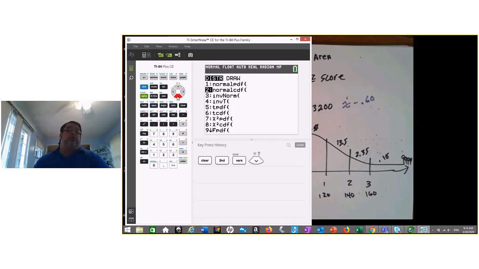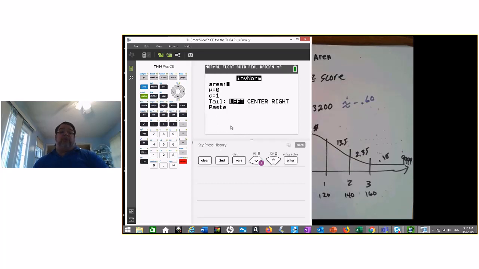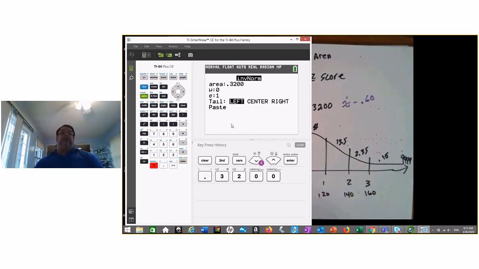Inverse norm, you're going to type in the area, 0.3200. Of course, the older calculators will do 0 and 1. The newer calculators, you can type that in.